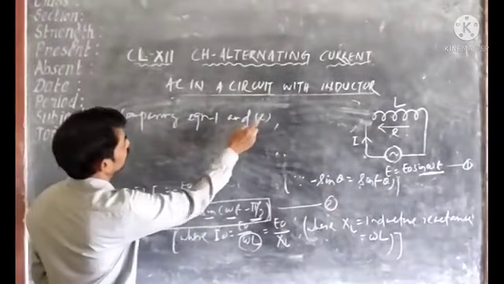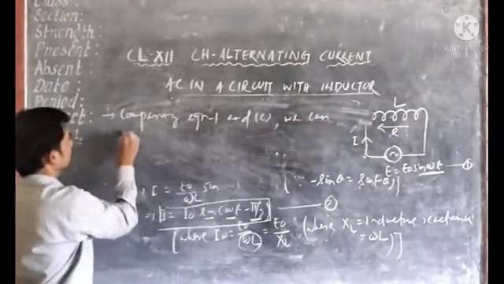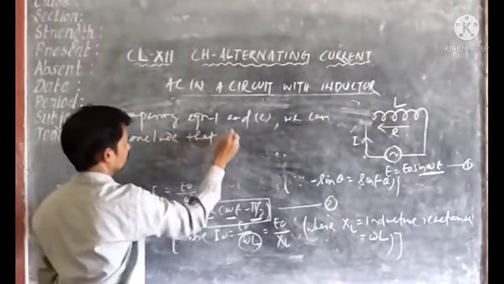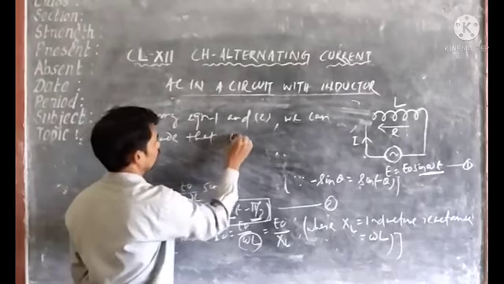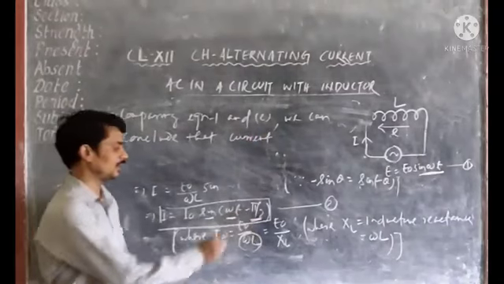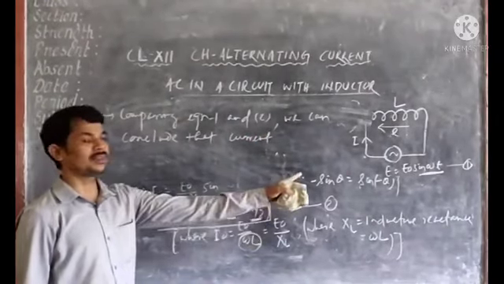So comparing equation 1 and 2, we can conclude that because the phase difference comes as minus, the current lags behind the alternating EMF.